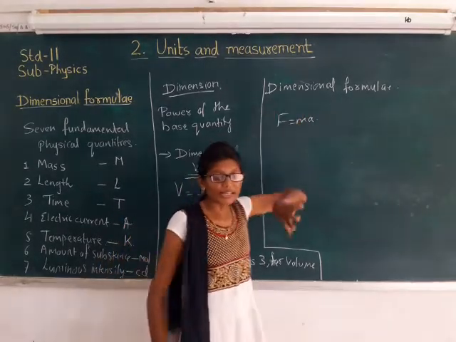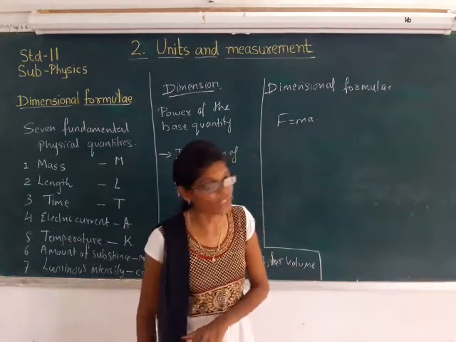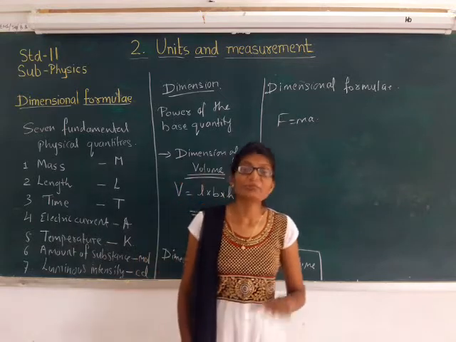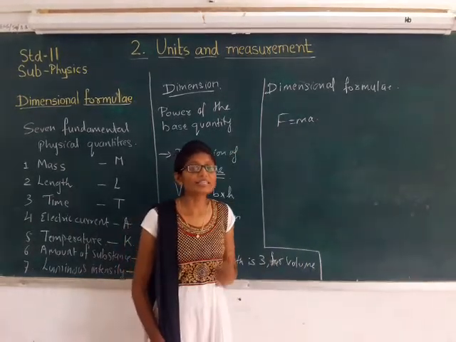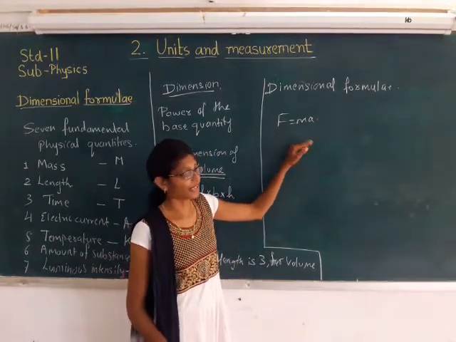This physical quantity is now to be derived in terms of the dimensions. That means the dimensional formula is nothing but the formula which tells us which fundamental quantity is used to represent the dimension of the physical quantity.